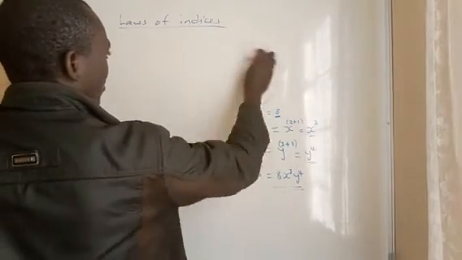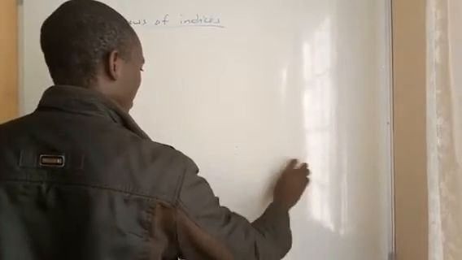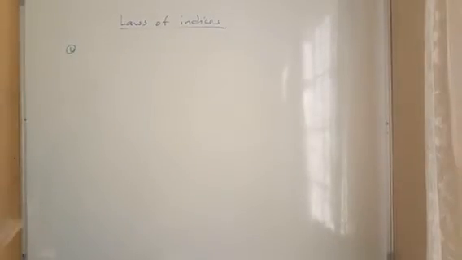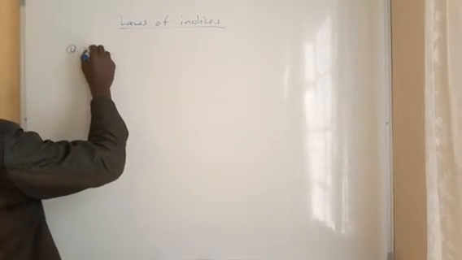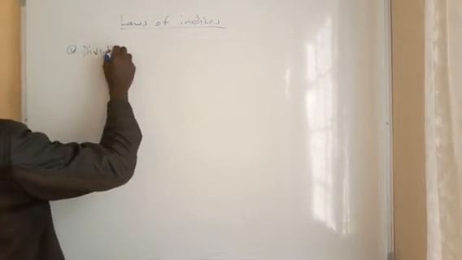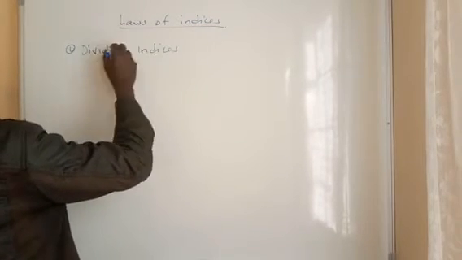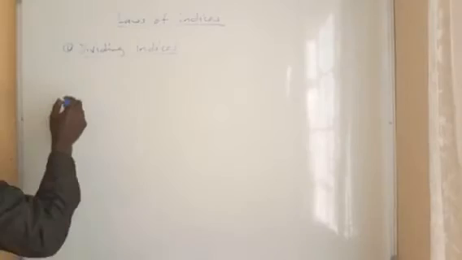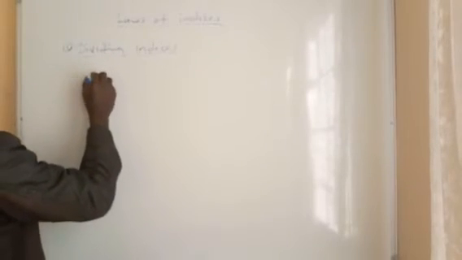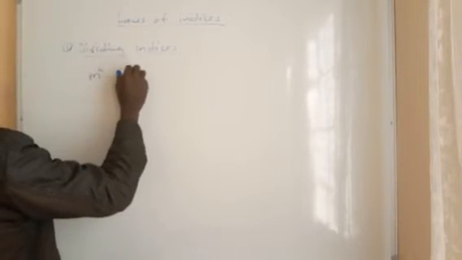We have the division law of indices, that is dividing indices. This law says if I have m to the power a, you divide by m to the power b.